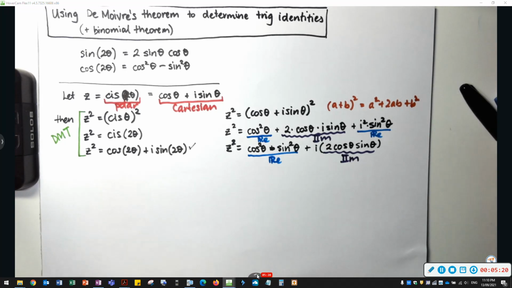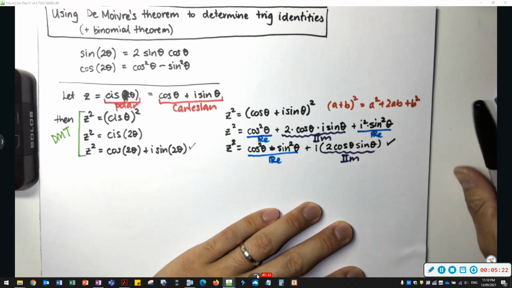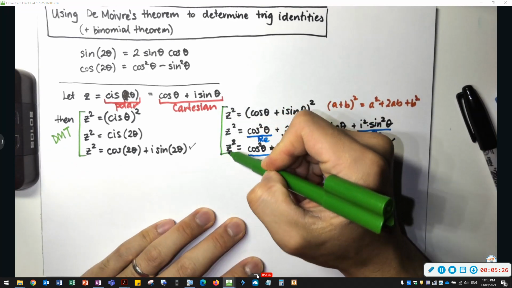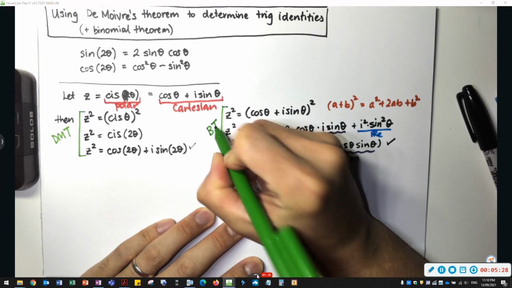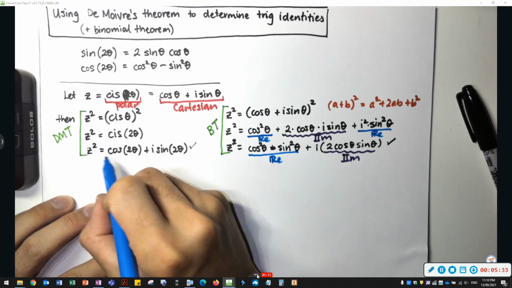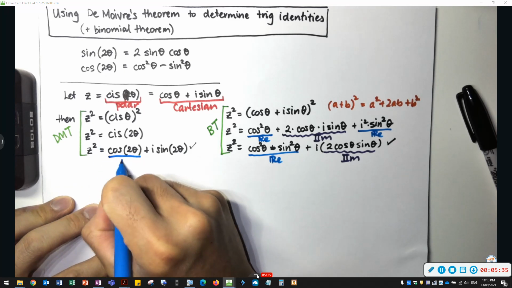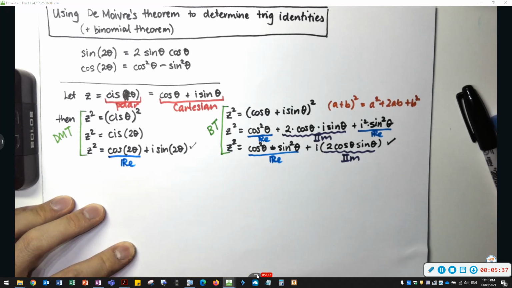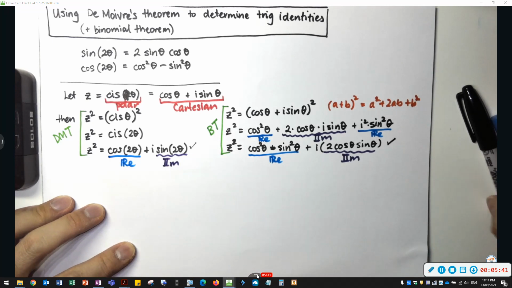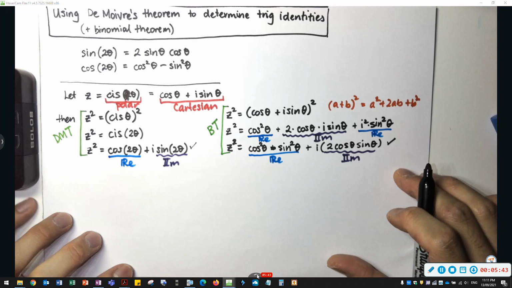When we equate the components on both sides, this is de Moivre's theorem, and this is binomial theorem, which I'll just abbreviate as BT. You've got the real part here, and you've got the imaginary part here. Can you see it? This is pretty cool.